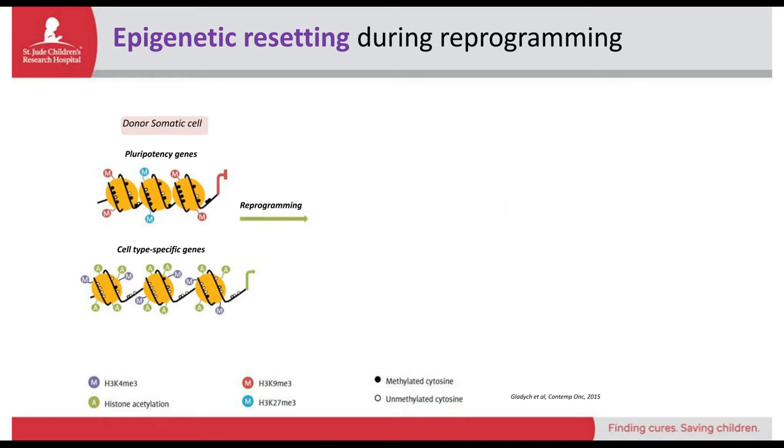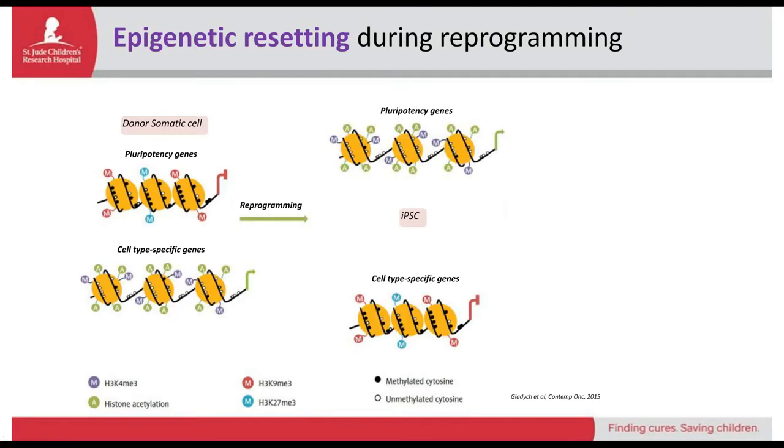Now, during reprogramming, this somatic cell erases all of its epigenetic marks and reestablishes new epigenetic marks. So basically, it reestablishes its epigenetic landscape so that the resulting iPS line will have all pluripotency genes active with hypomethylated promoters and activating histone modifications, and all the cell type specific genes in the iPS line will be repressed, so hypermethylated promoters and repressive histone modifications.